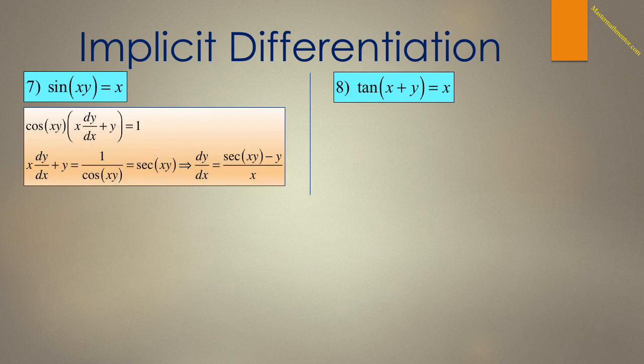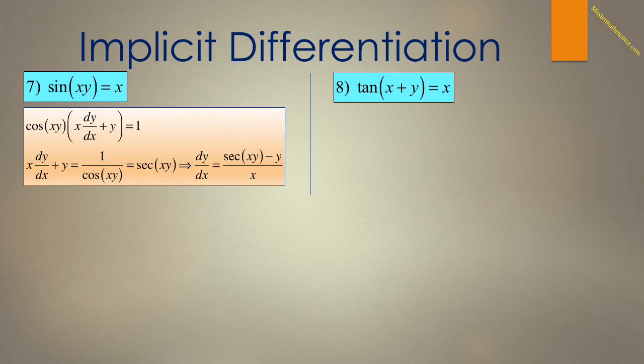In number 7, sine of xy equals x. Taking the derivative of sine of xy, we get cosine of xy times the derivative of xy, which is a product rule, and we get x dy/dx plus y, and that is equal to 1. Technically dy/dx, but I'm not going to write that anymore.